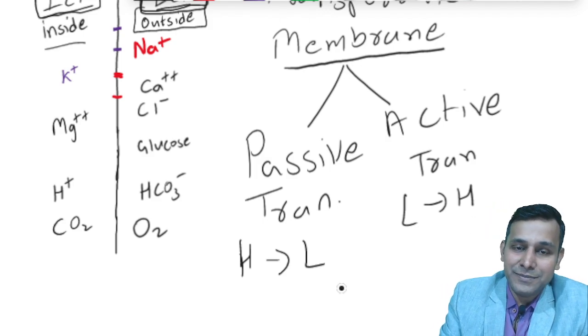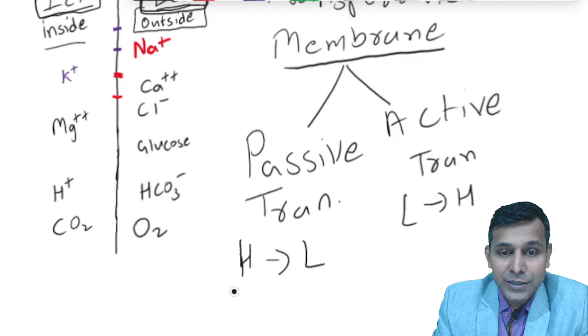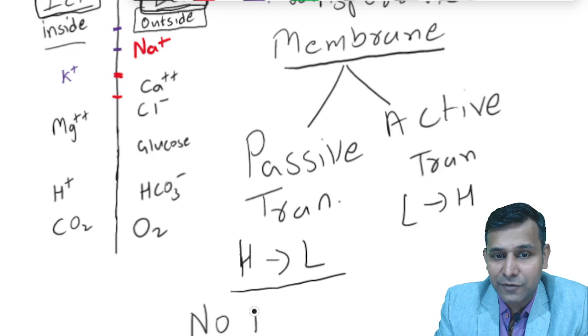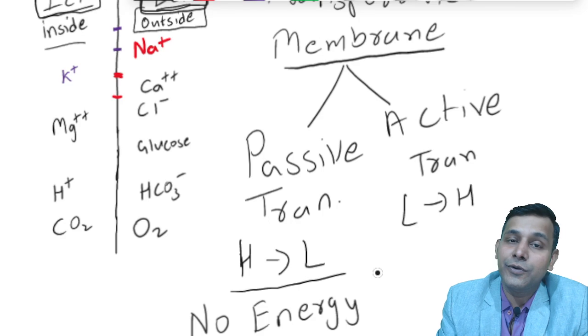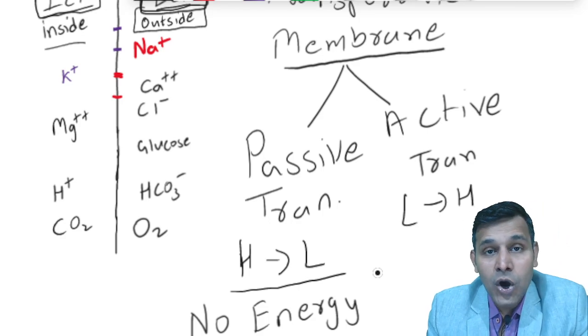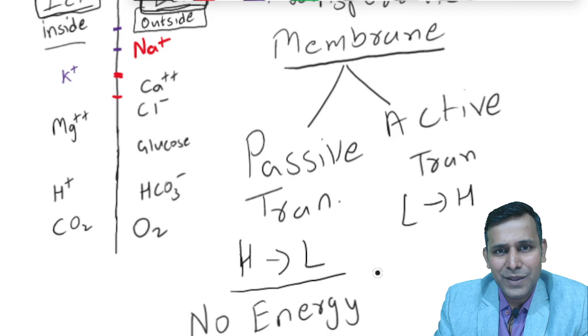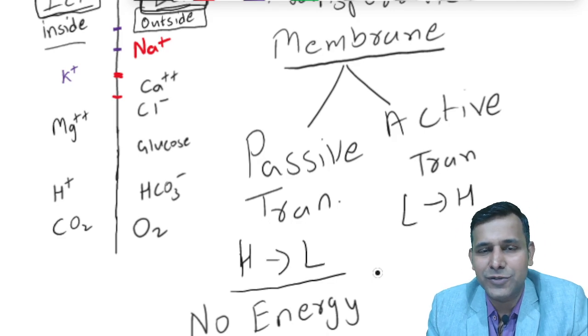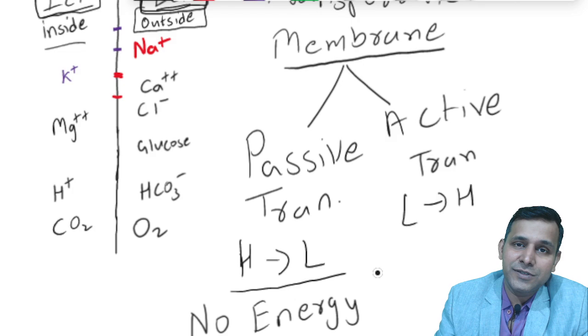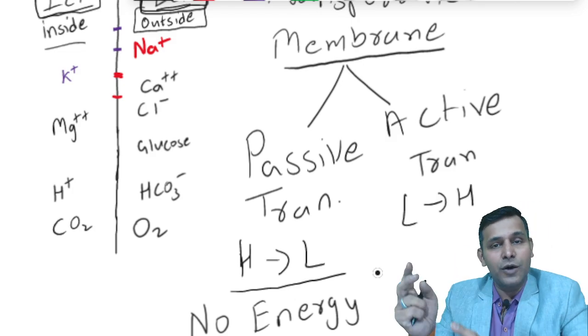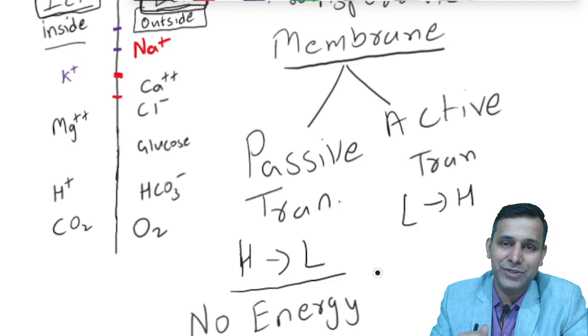How does this occur? Passive transport does not require energy, in terms of ATP or in terms of potential energy. The substance just diffuses from higher concentration to lower concentration.